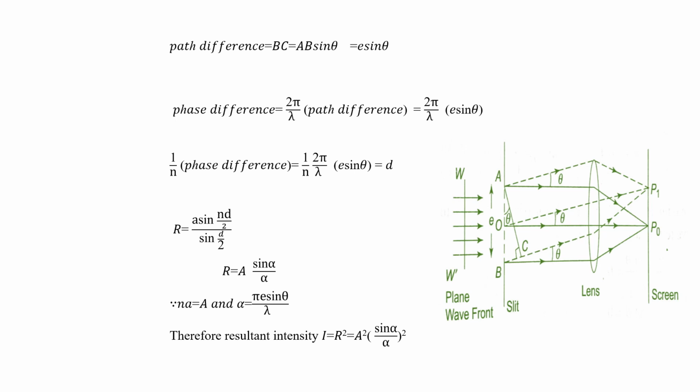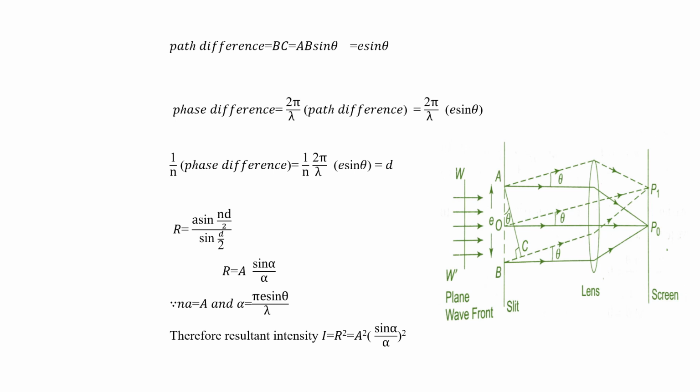This distance AB gives the value e. So we have the path difference BC equal to e sin theta. In general, the conversion of path difference to phase difference is given by the formula: phase difference is equal to 2 pi by lambda into path difference.